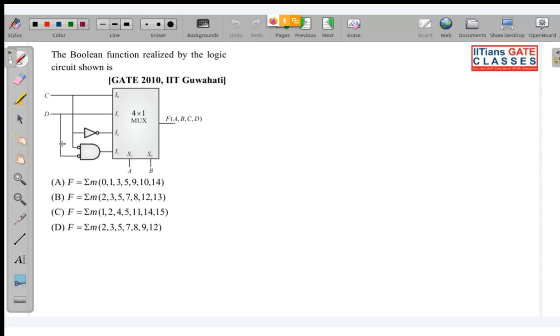See, basically they have also given what will be the LSB and what will be the MSB. Look at the output. It is given as a function of A, B, C, D. That means A is MSB and D is LSB.